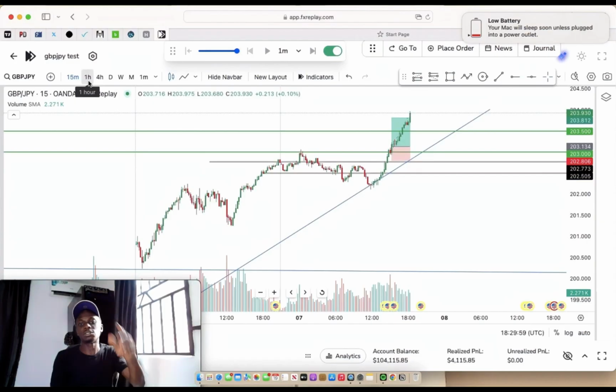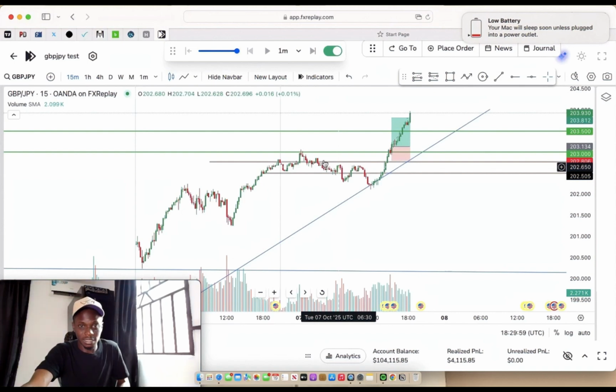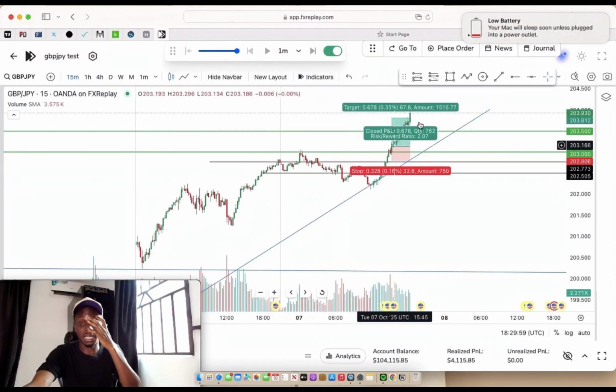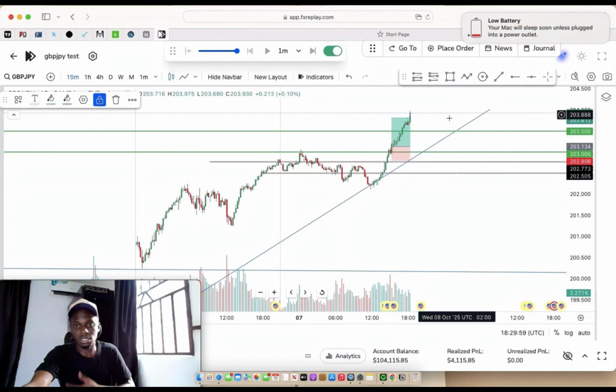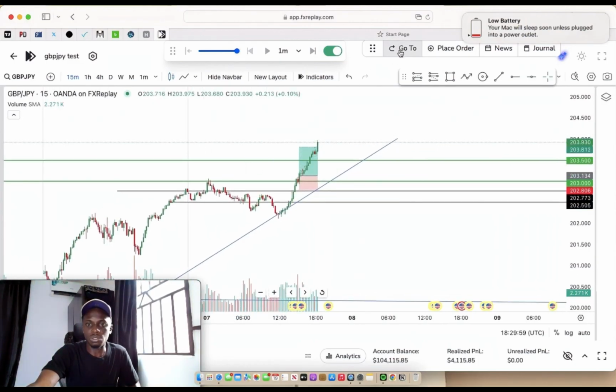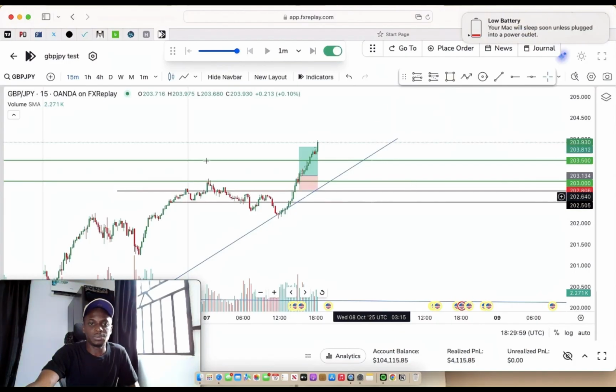So once I get a reaction like this, I have to understand it, because this is a break. You push back below that previous high, and with the pattern that formed, I see more buyers present here. That's why you see taking the straight here. So on to the next setup, go to next session or next day open.